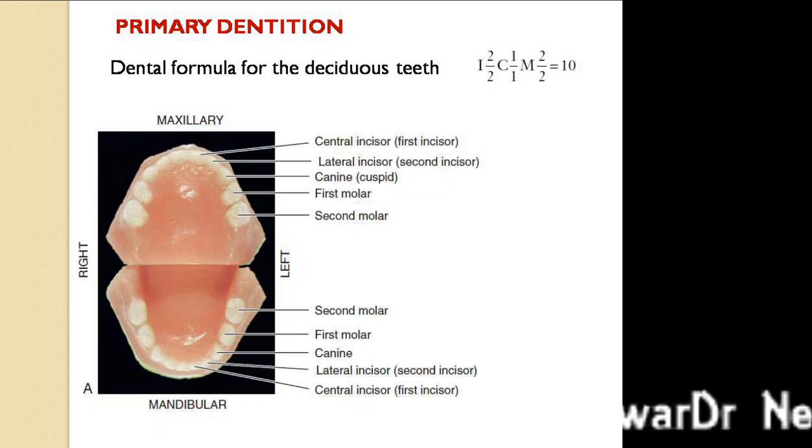The same teeth are present in the mandibular arch, making the dental formula I 2/2, C 1/1, M 2/2. I stands for incisor, C stands for canine, M for molar. The horizontal line in between is the arch.